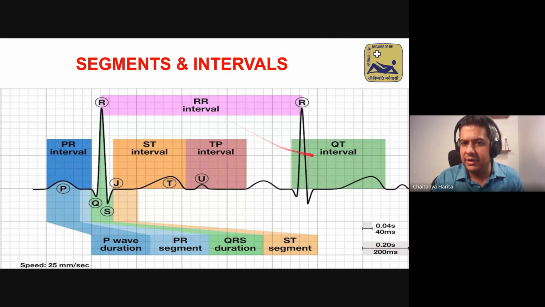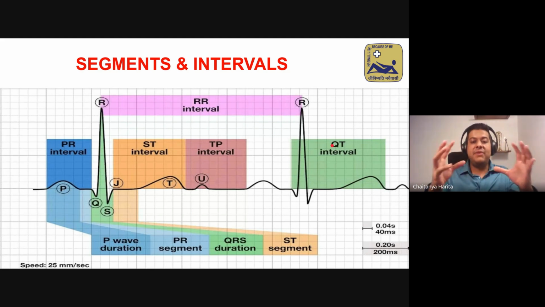The most important interval for us is QT. QT is the time taken from the beginning of the Q to the end of T, not beginning of T, end of T. And this represents AV nodal stimulation of the bundle of His, right bundle branch, left bundle branch, and ventricular repolarization. So QT basically encompasses the whole ventricular electrical activity and repolarization both.